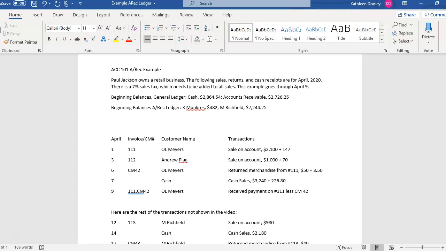Okay, and so let's see how much total that is. $32.40 plus the $226.80. That's $34.66.80. Okay, so I need to put this into the journal now.